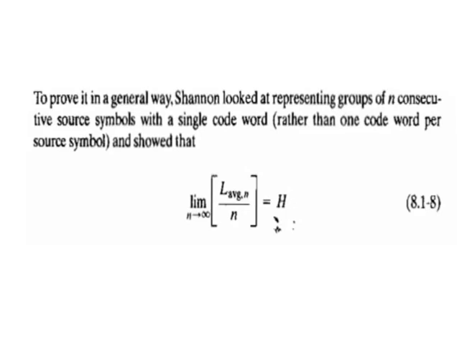The above equation tells us that L_avg,n upon n can be made arbitrarily close to H by encoding infinitely long extensions of the single symbol source. That is, it is possible to represent the output of a zero memory source with an average of H information units per source symbol.